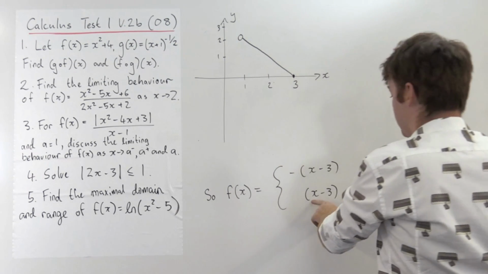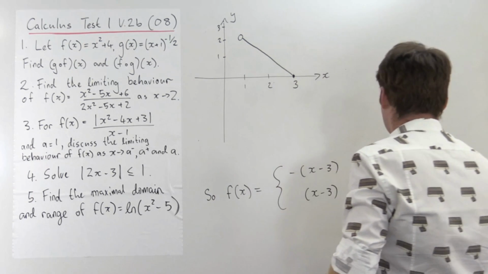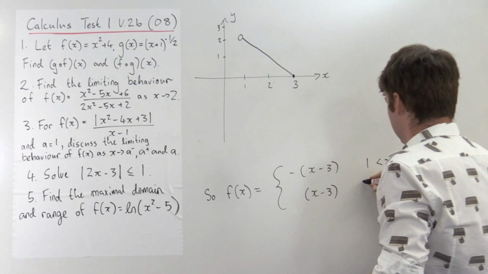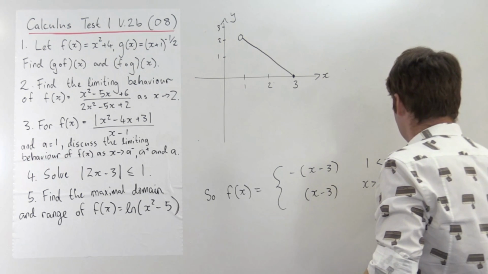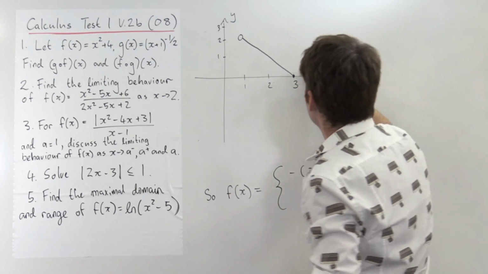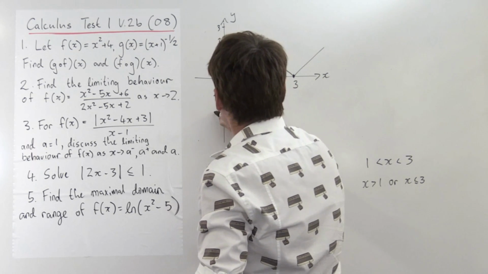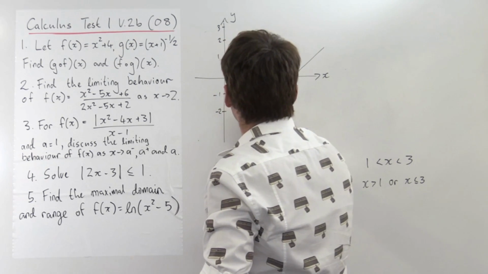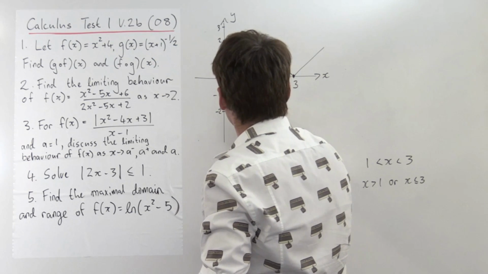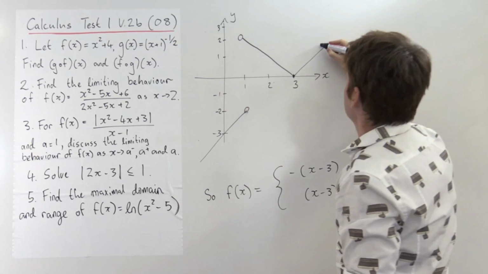And for values outside this range, I've got this one. I should really not be saying otherwise. I should be saying x greater than 1, or x less than 1, because the function is not actually defined at x equals 1. So this is what f of x looks like.